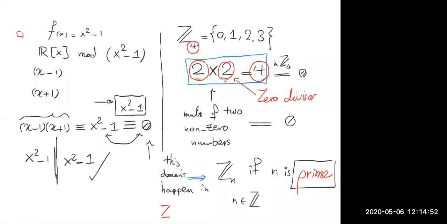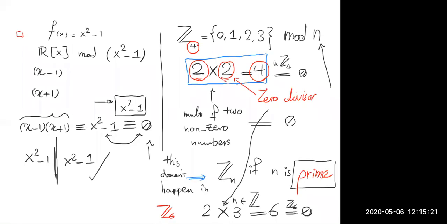For example, in Z6, 2 is not 0, 3 is not 0. But if I multiply them, I get 6. In Z6, 6 is equal to 0, because we are considering everything mod 6. Okay, these are called zero divisors. So the condition we want is that when we are studying numbers mod n, this n should be prime.